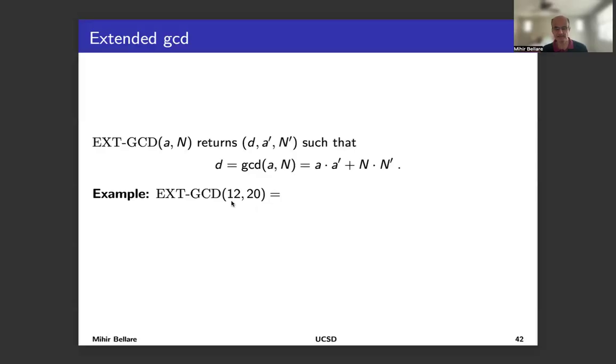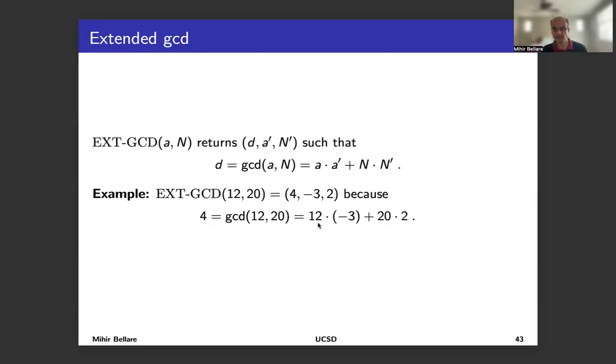If I run this on the numbers 12 and 20, well, first it's saying what is the greatest common divisor of 12 and 20, and that we can easily see is 4, because 4 divides 12, 4 divides 20, and nothing bigger does. But now we can also see what the weights are.